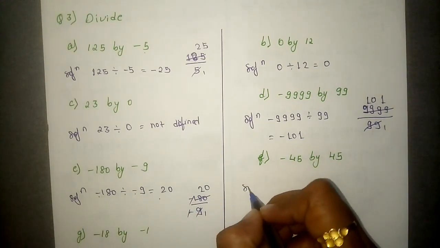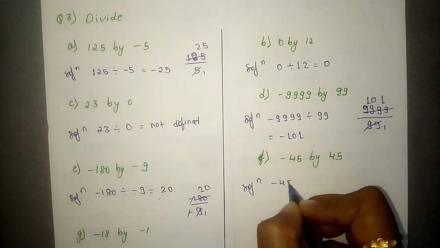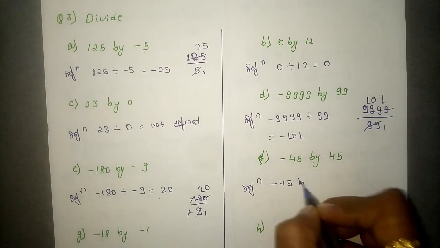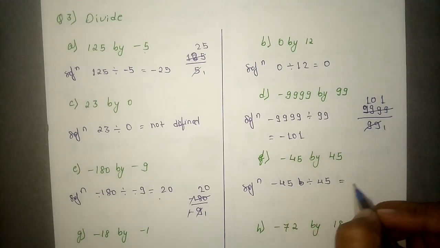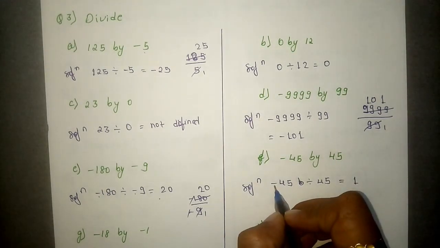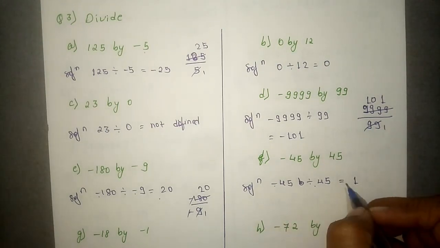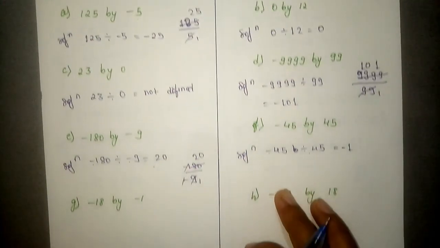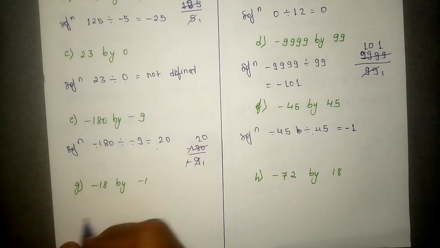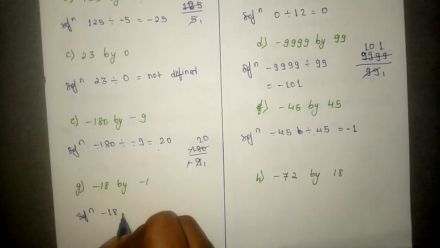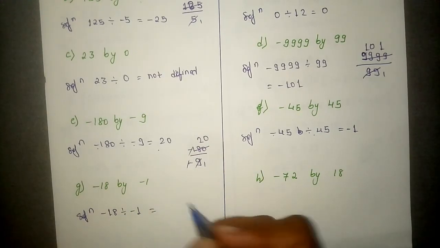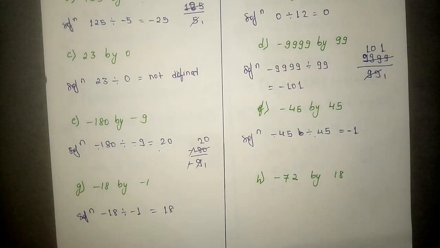Then next it is given minus 45 divided by 45. We know that 45 divided by 45 equals 1, but here the sign is minus and here it is plus. So plus minus will be minus. Then the next, it is given minus 18 divided by minus 1. So minus minus will be plus, and 18 divided by 1 will be equal to 18.